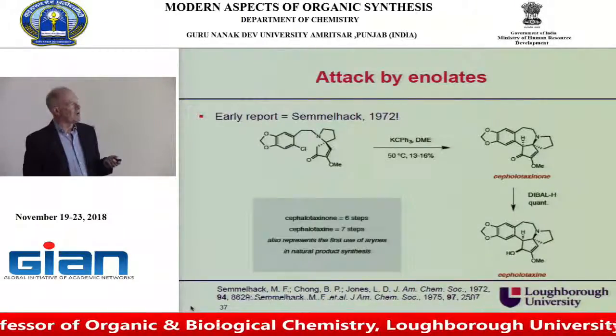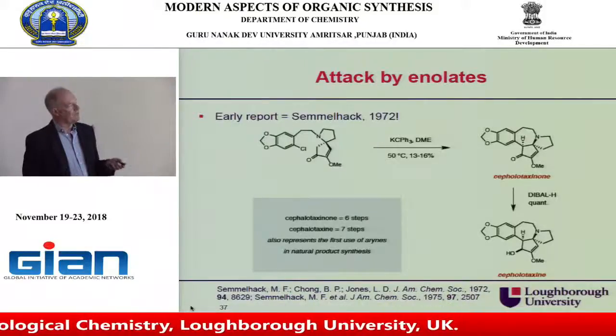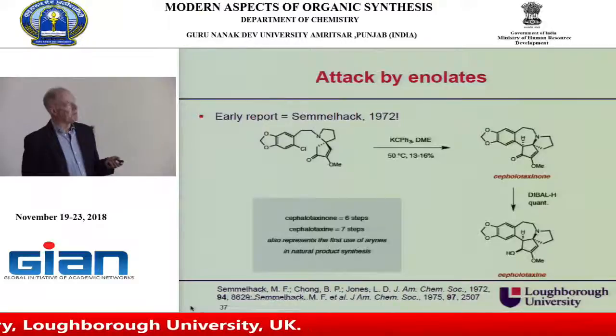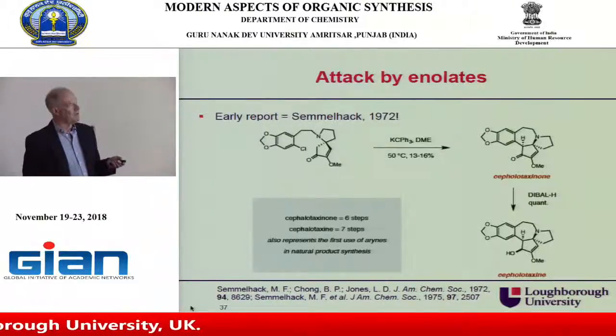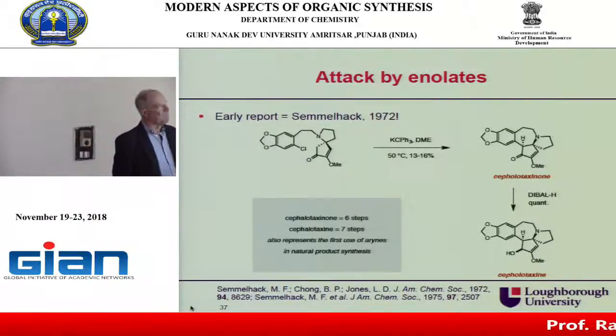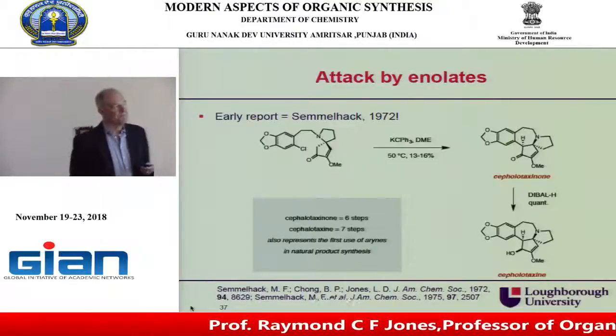And here's an early example back in 1972 where this precursor was constructed, and you need to close this position onto that position of the benzene ring. That was done by using a very strong base, potassium triphenylmethyl anion.